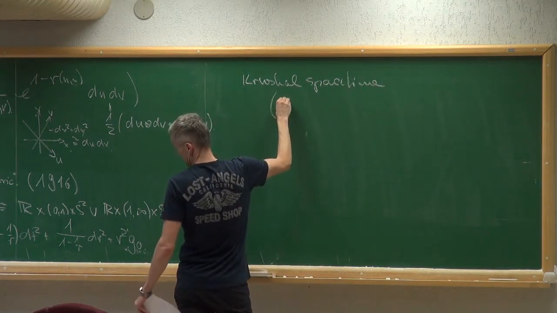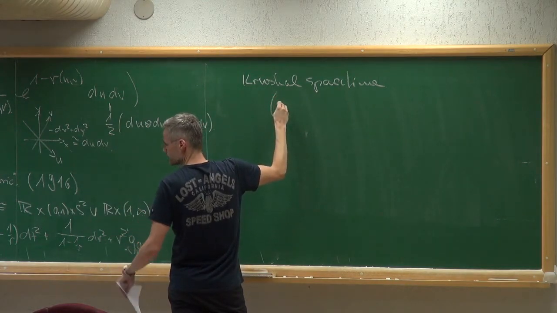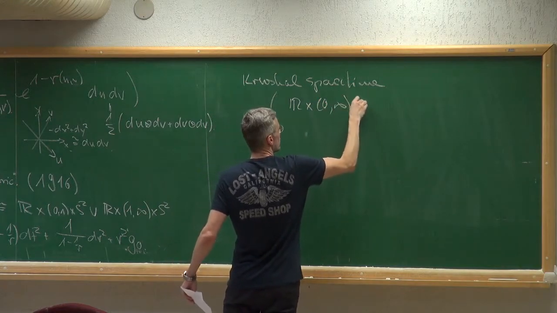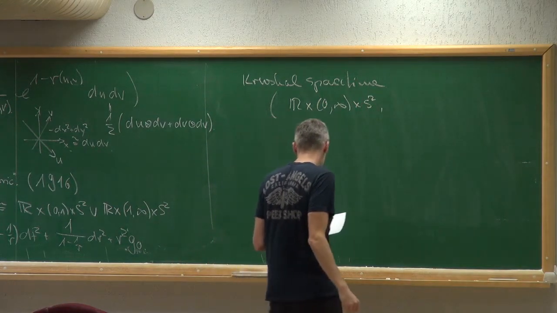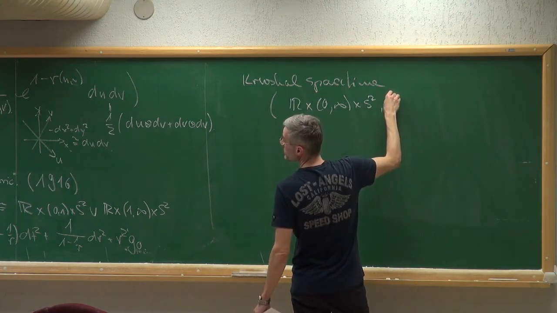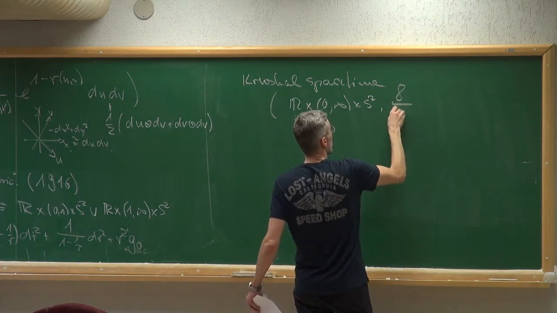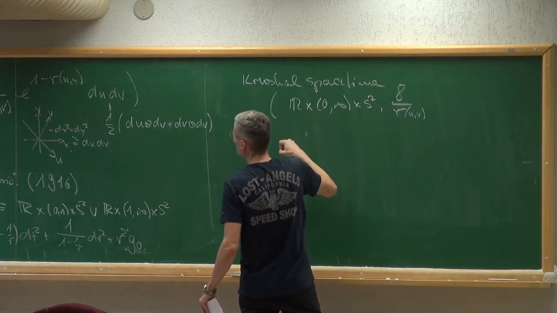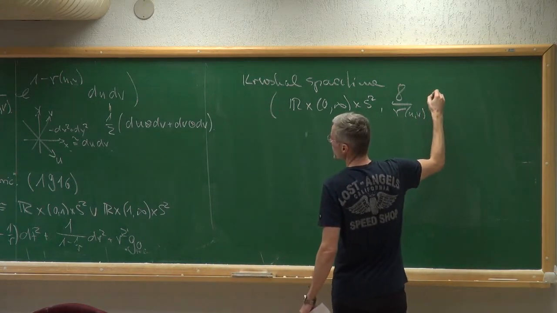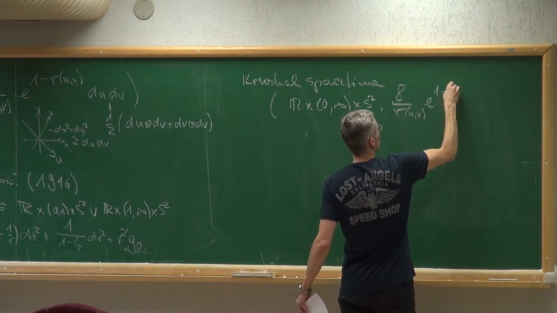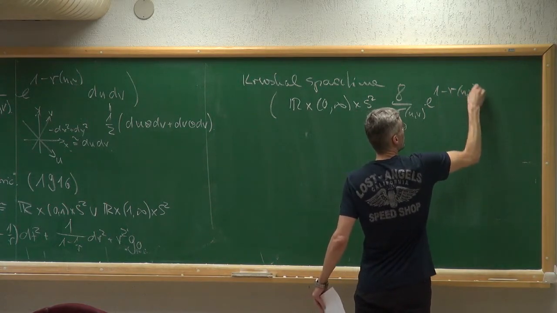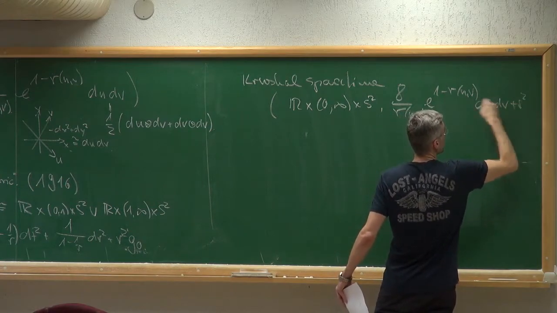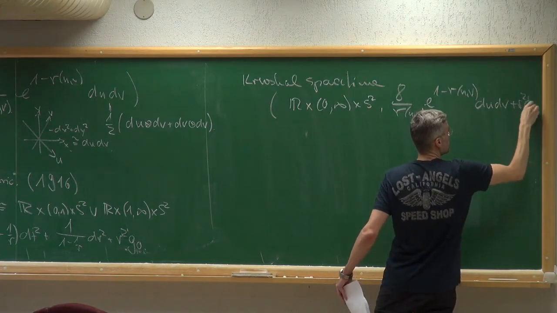Which is nothing but, well, this thing I wrote down here, r times (0, infinity) times S2 with the metric, the one I already wrote down, 8 over r of uv, times this factor, r of uv times du dv, plus r squared. This is the same r, yeah? G0.